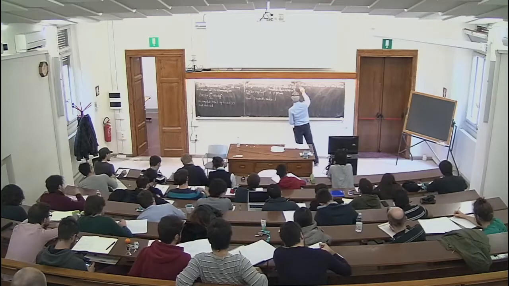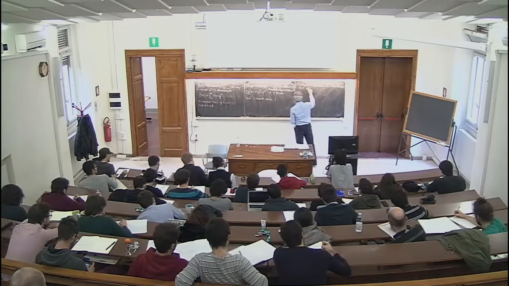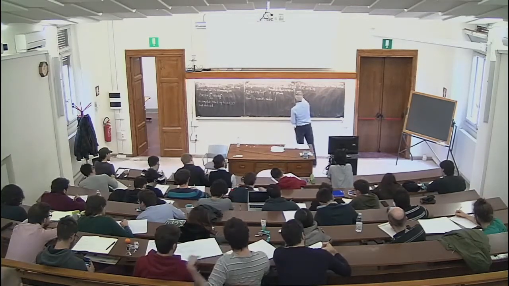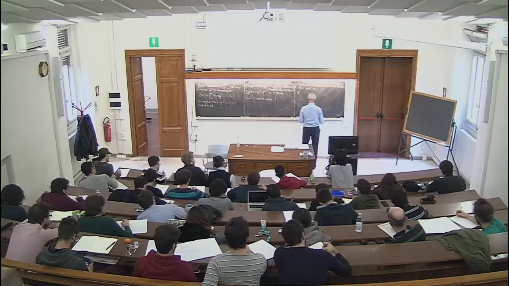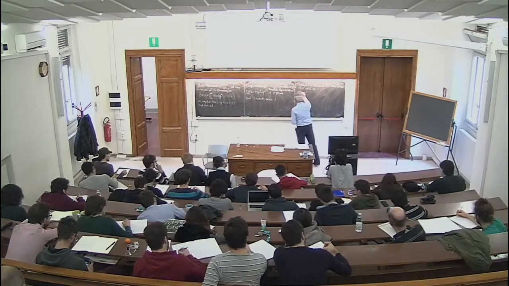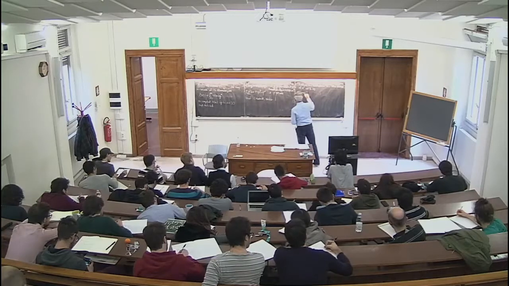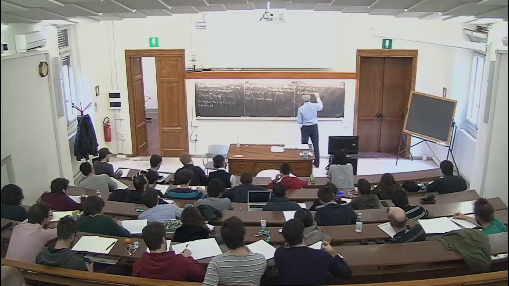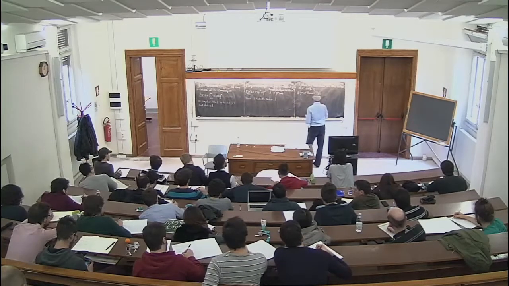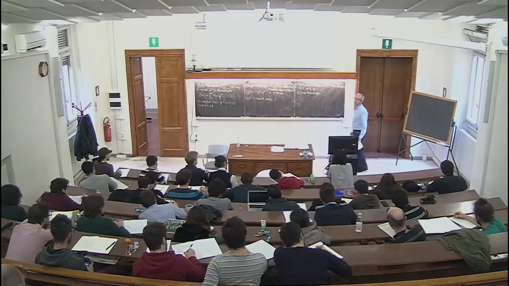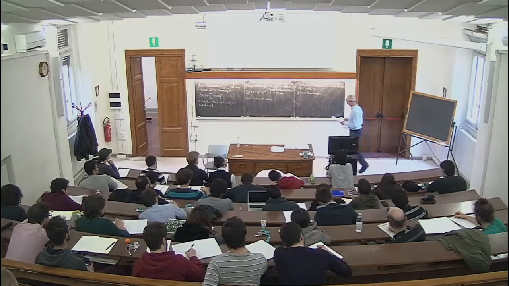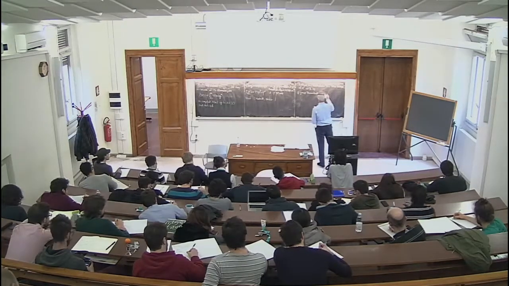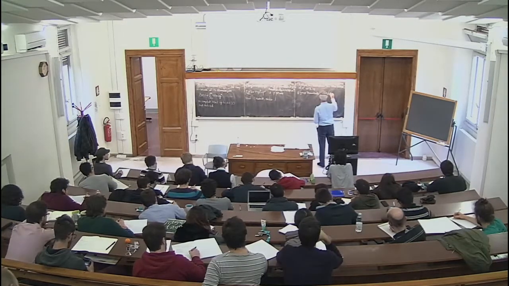The index of this sublattice in L can be thought of in a number of ways. One way is to think of it group theoretically, because a lattice is an abelian group and a sublattice is a subgroup. And so in terms of that, the index is the order of L mod L prime.